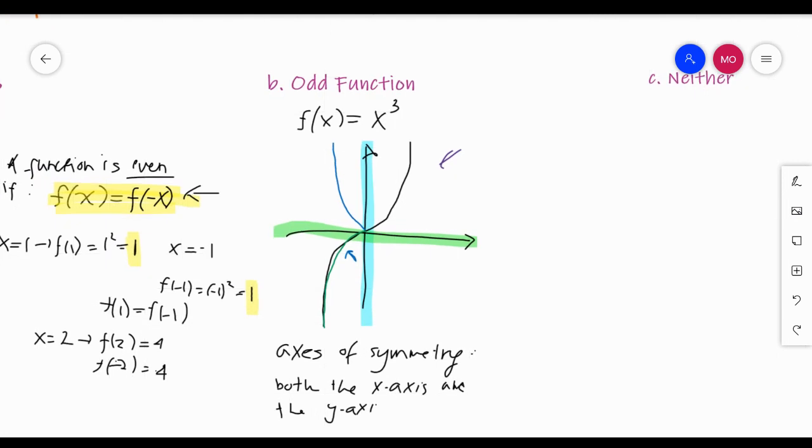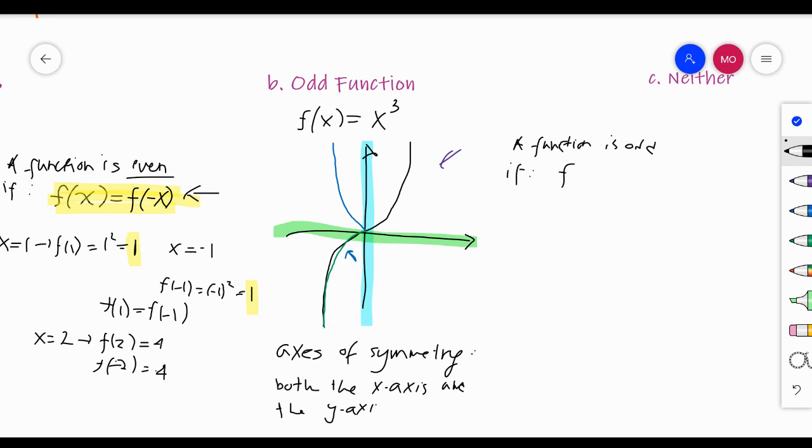Okay, so a function is odd if f of x is equal to minus f of minus x. So notice that the difference between the even and odd definition is this minus sign here. So if you have the minus sign in front of the f of minus x, then you have an odd function. And if you have the opposite, then you have an even function.